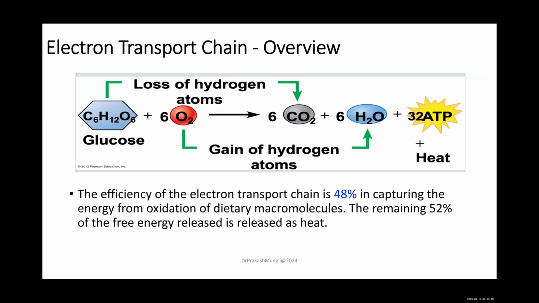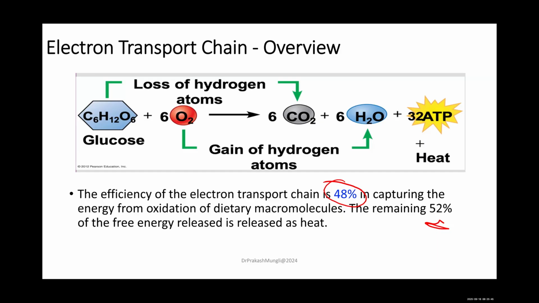If you look at this figure here, and also I have written it down here, out of the 100% of energy that glucose has, the electron transport chain can only capture 48% of that energy to make ATPs. The remaining 52% is simply released as heat.